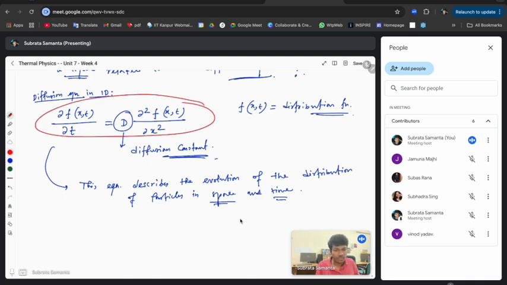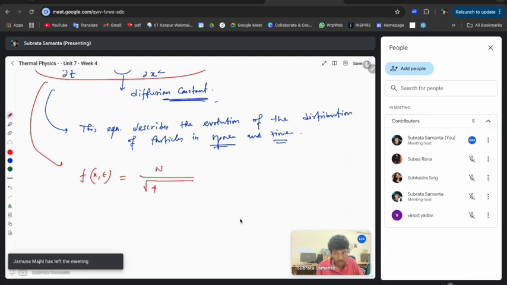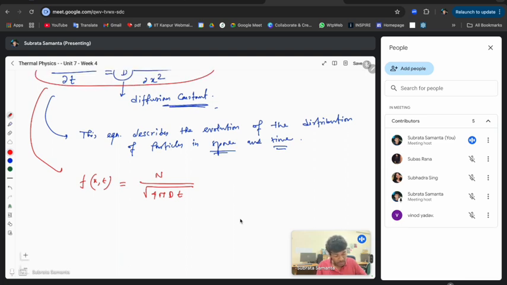This is a differential equation, and you know how to solve differential equations. Once you solve it, the distribution function f(x,t) is N over 4πDt, where N is the number of particles and N/(4πDt) is the normalization constant, times e to the power minus x² over 4Dt.